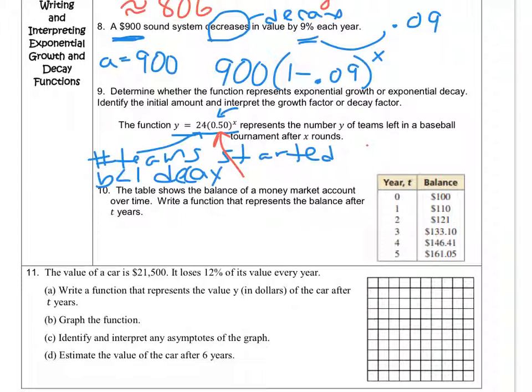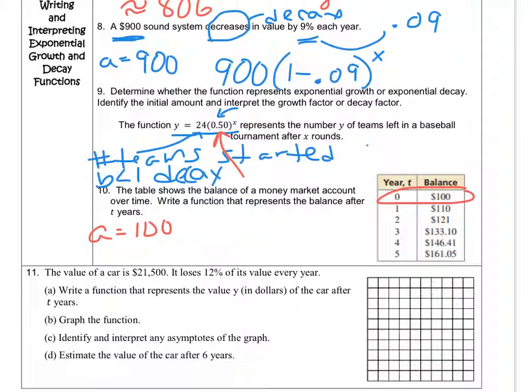Okay, number 10 is showing us a table. And what we need to do on this table is go ahead and write the exponential function that goes with it. You got a couple of choices. You can put it in the calculator and get it from there, or you can work it on your own, just on paper. I'm going to go ahead and just work it on my own on paper because I can see that my A, my initial amount, is 100.